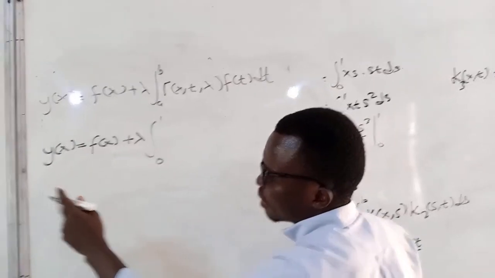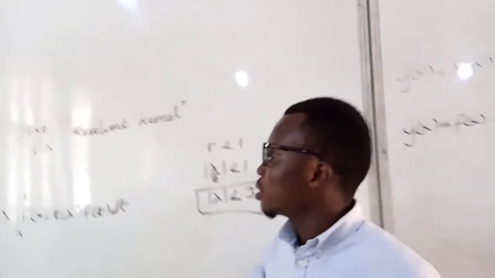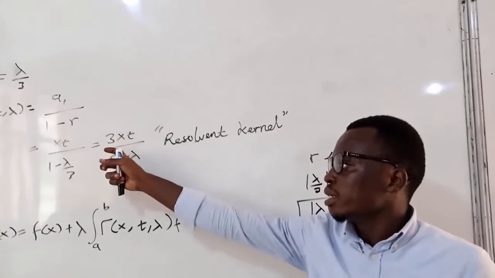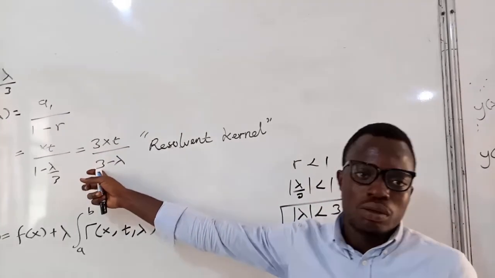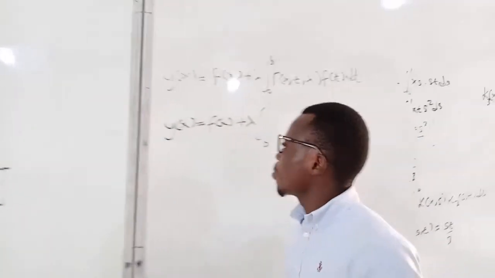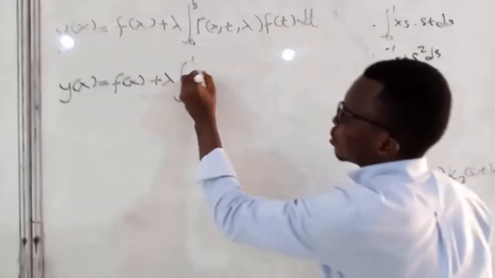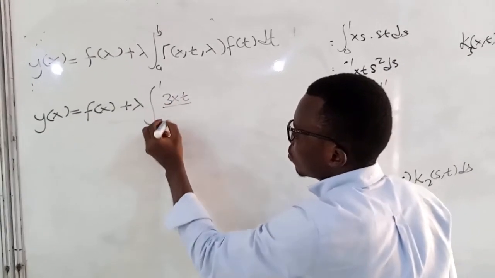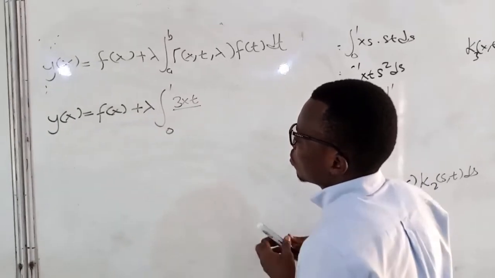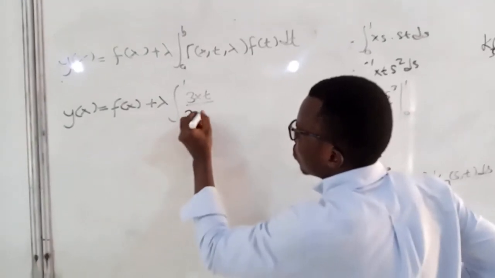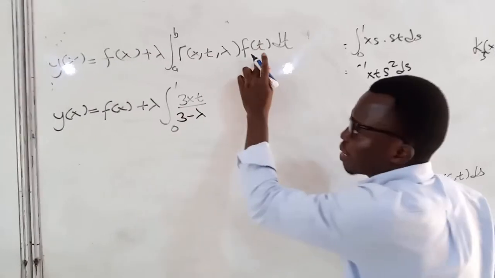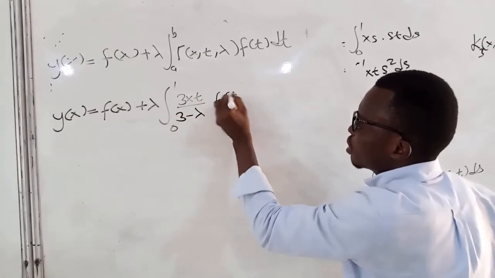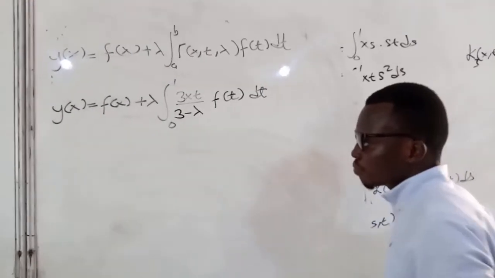The resultant kernel is giving us 3st divided by 3 minus lambda, then f of t dt.